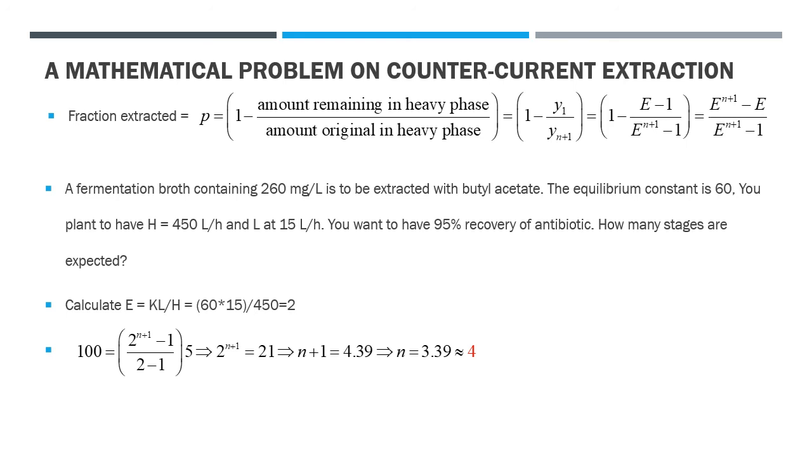So yn plus 1 is 100, y1 is 5, and the number of stages we don't know, so we are assuming n. Following the earlier equation, we get n equal to 3.39, that is rounded up to 4. That means we are going to use 4 stages for 95% recovery of the antibiotic.